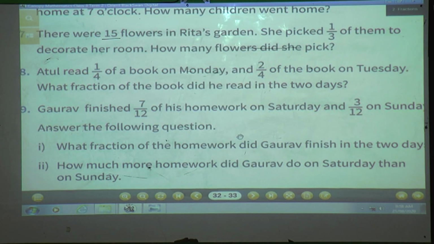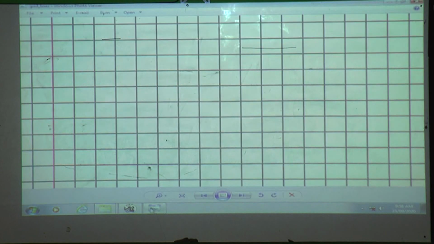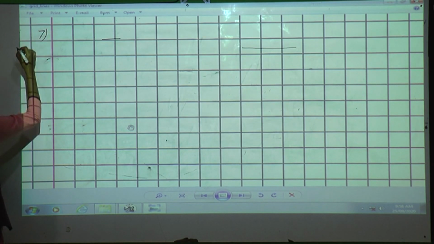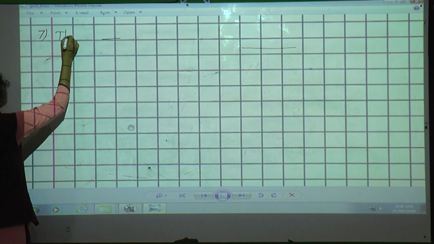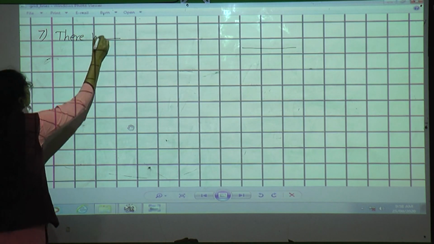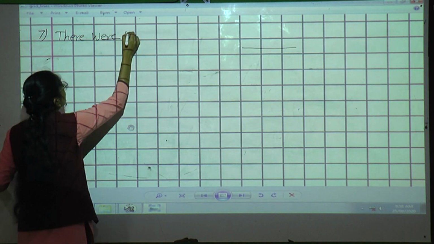So what we will do? Yes, in the same way we will solve the example. 7th number. First of all, what we will write? There were 15 flowers.